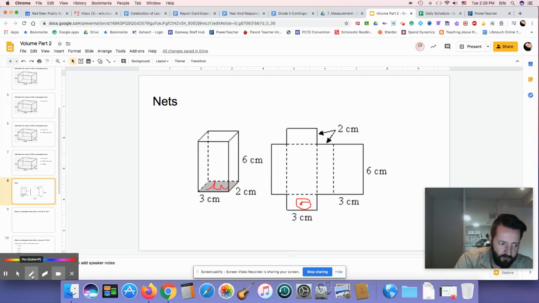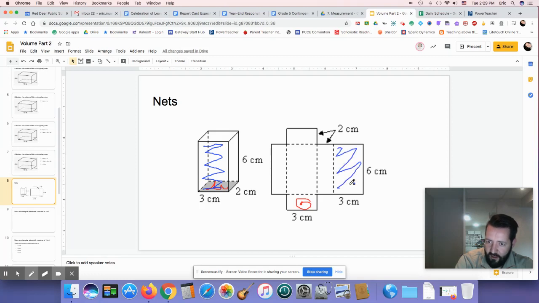If I grab a different color, let's make this the front face here, the one that would be closest to us if we were looking at this straight on, would be 3 by 6, right? It's 3 centimeters wide, and then we know that it's 6 centimeters tall. They give us that measurement up the side. So that would correspond to this face right here, 3 by 6.